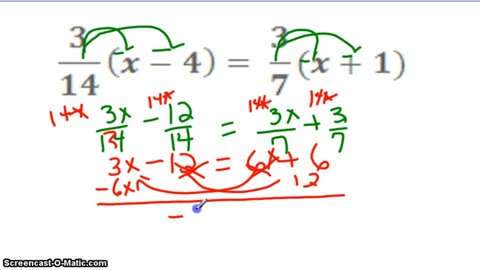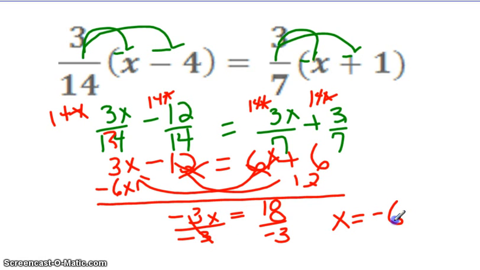I'm left with negative 3x equals positive 18. I'm going to divide both sides, which is step number 5, by negative 3. And I'm left with x equals negative 6.